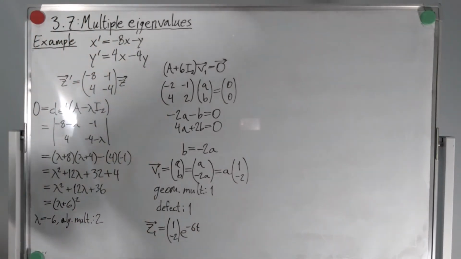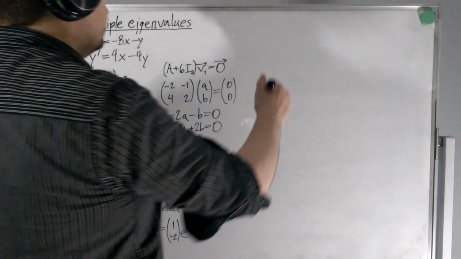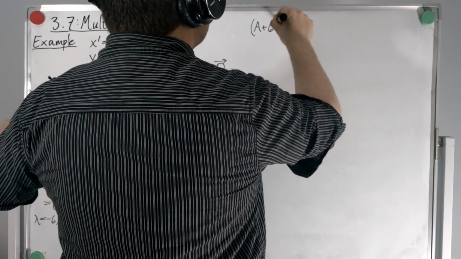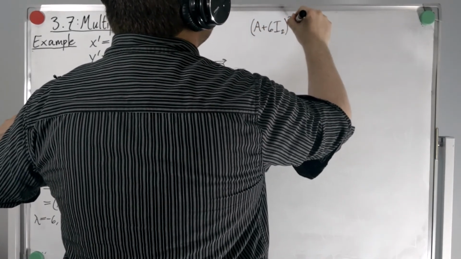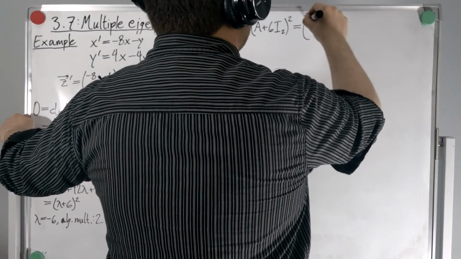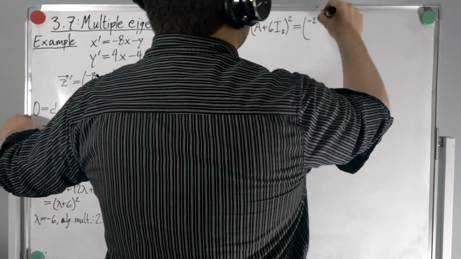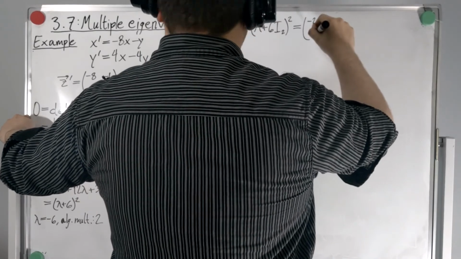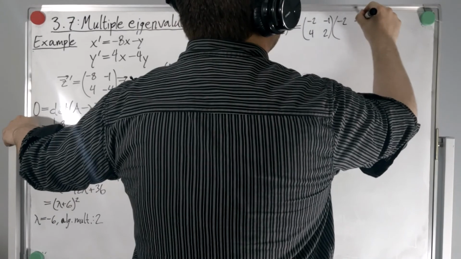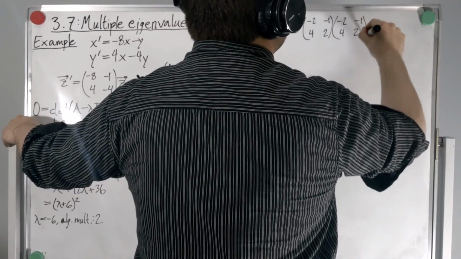But then to construct the other basis solution, we're going to need generalized eigenvectors of rank 2. So let's look at (A plus 6 I2) squared. That's going to be (-2, -1, 4, 2) multiplied by (-2, -1, 4, 2).